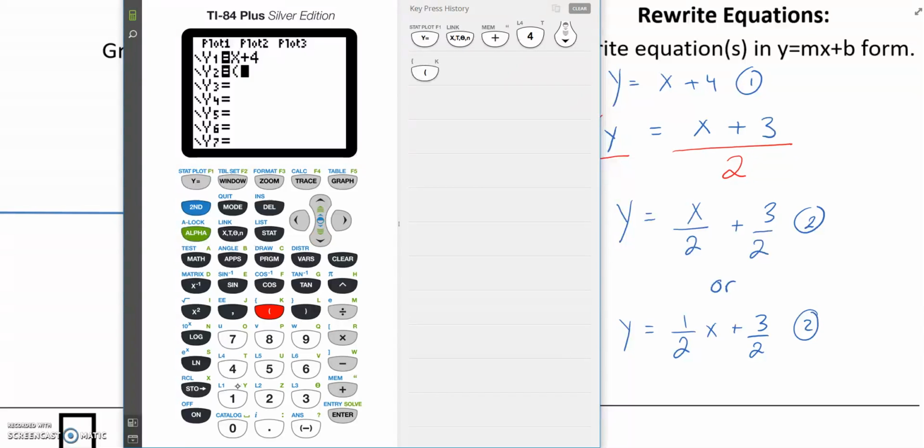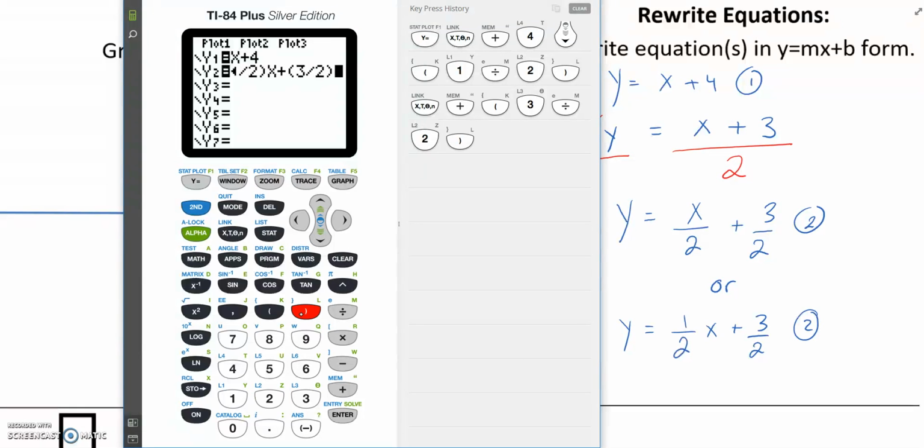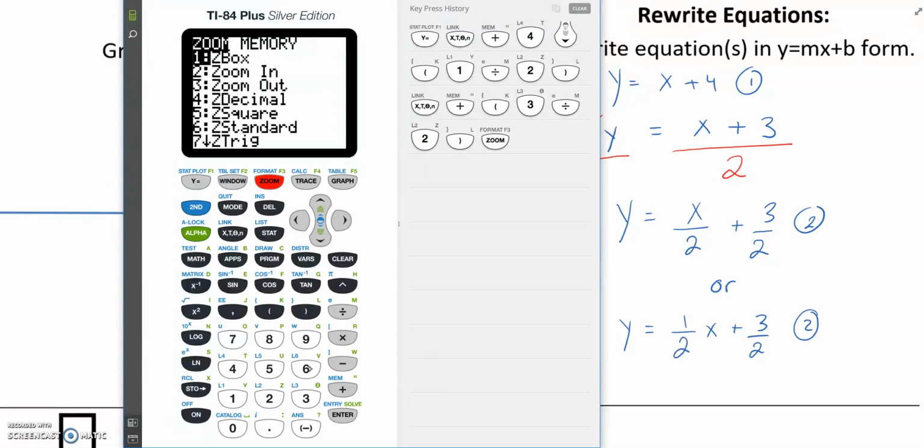I like to put my fractions in brackets, plus 3 over 2. Now at this point, in order to see the equations on your graph, you can either click graph, or what I like to do is go to zoom 6, and if you look down here, 6 says standard.